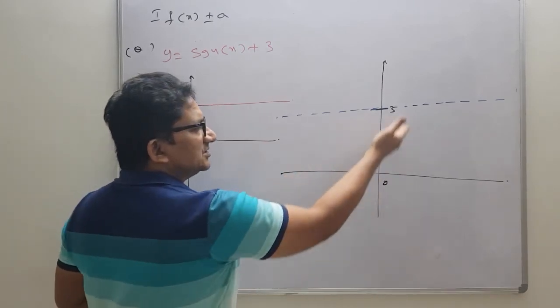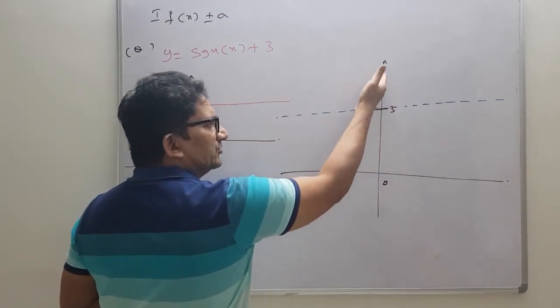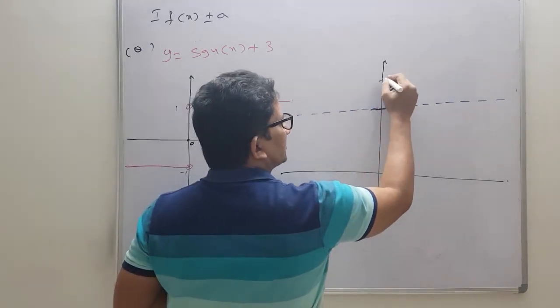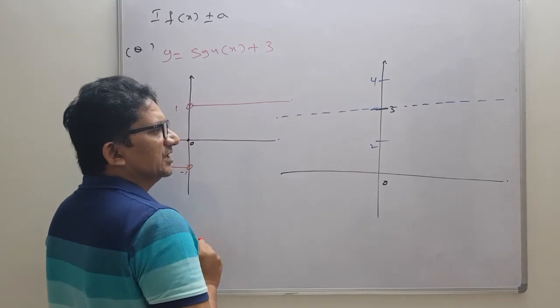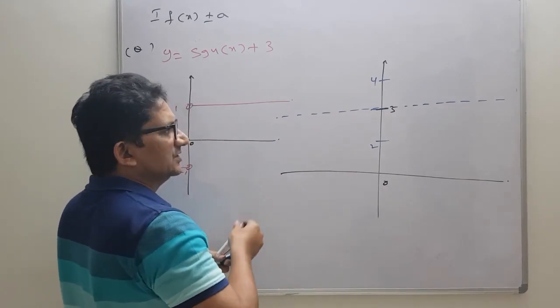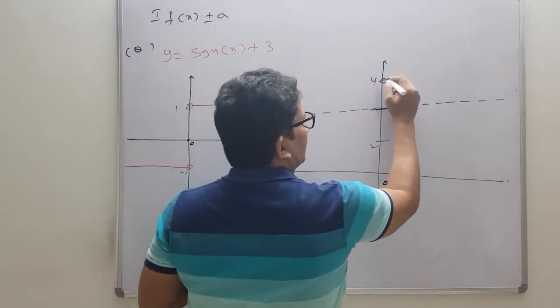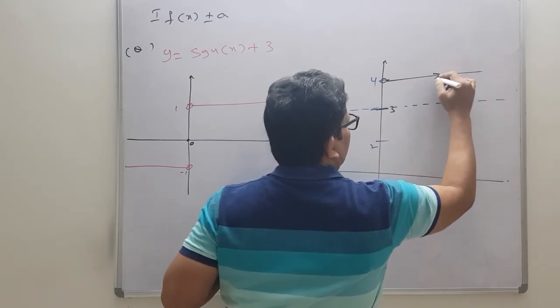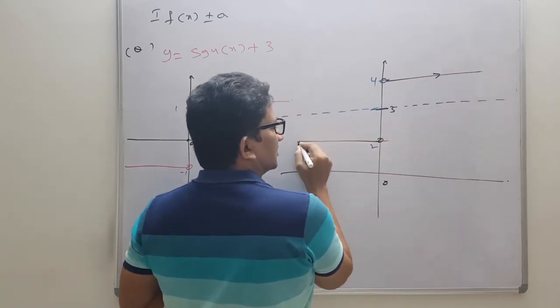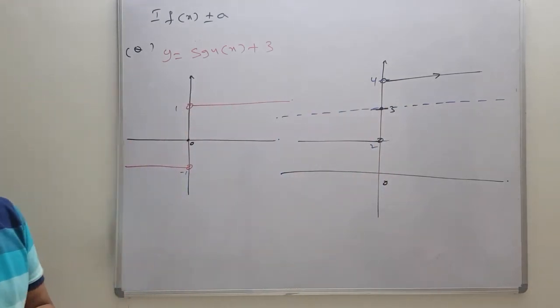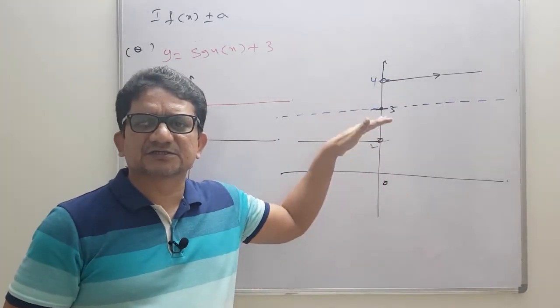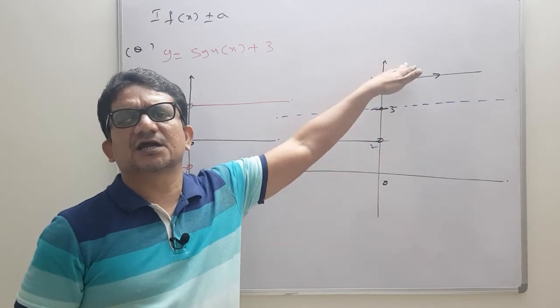Now here origin is shifted to 3, so 1 unit above means here we will get 4, and 1 unit below means here we will get 2. There we will get our new graph. So that is, one line will travel in this direction and other line will travel in this direction, and here will dark. That's it. So that's why the range of this particular function is 2, 3 and 4.